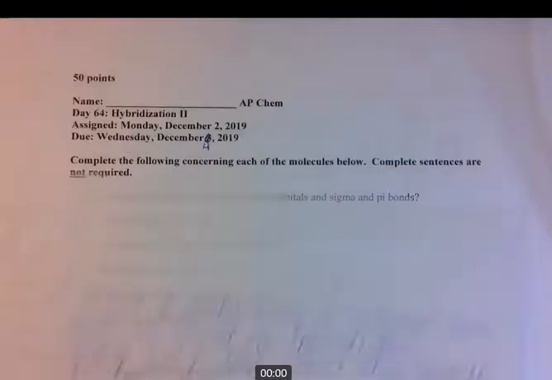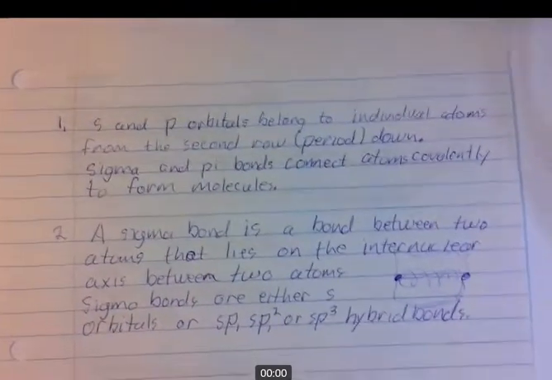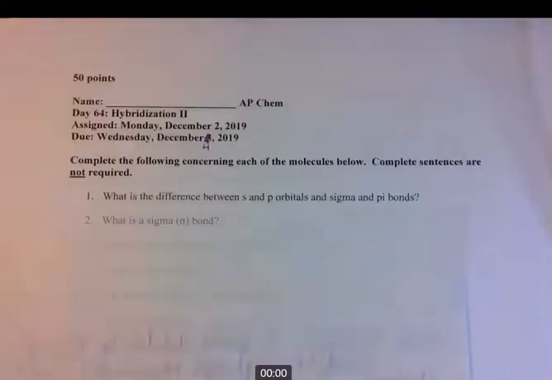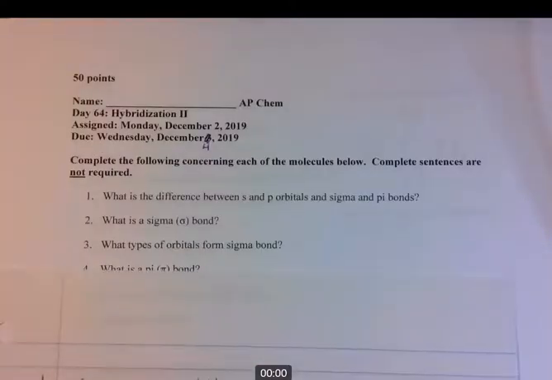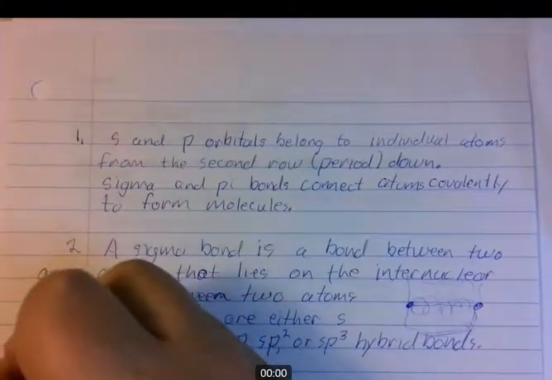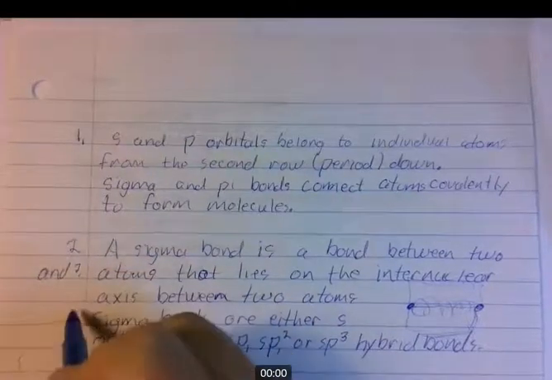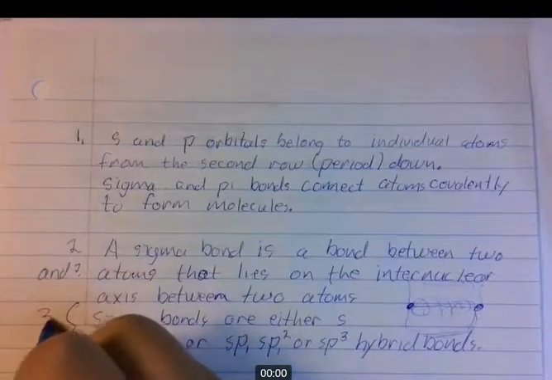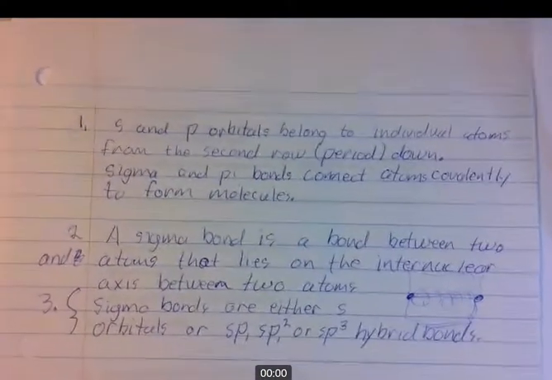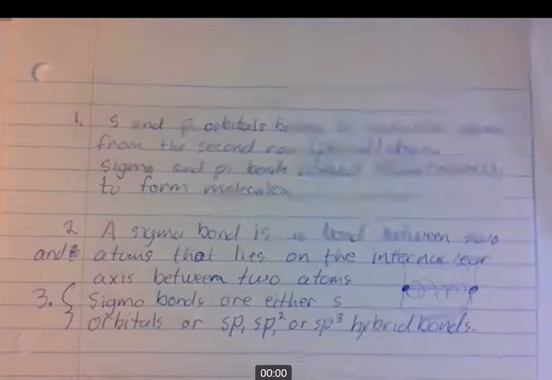Okay? All right, and you're going to see examples of these. So what seems like kind of just a formal definition will make more sense as you see examples. Okay, what types of orbitals form sigma bonds? Well, I just answered that. So this is going to be 2 and 3. That's the answer to number 3 right there. Sigma bonds are either s orbitals or they're sp, sp2, or sp3 hybrid bonds.